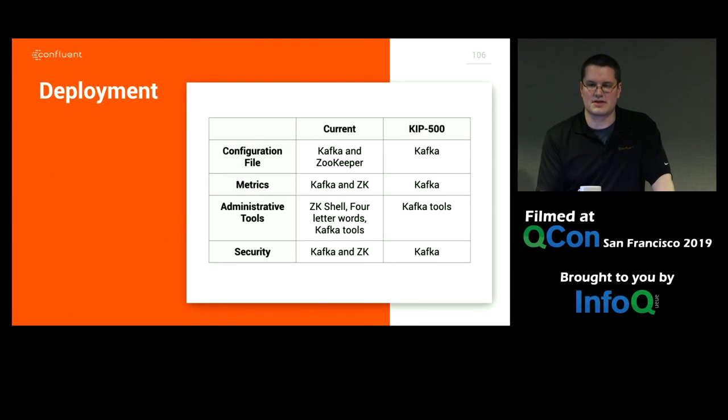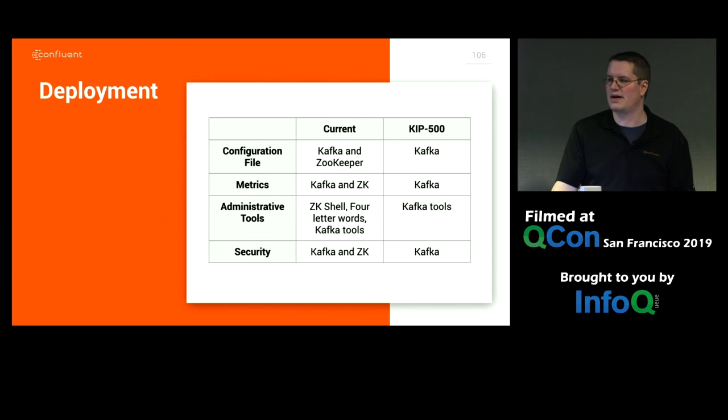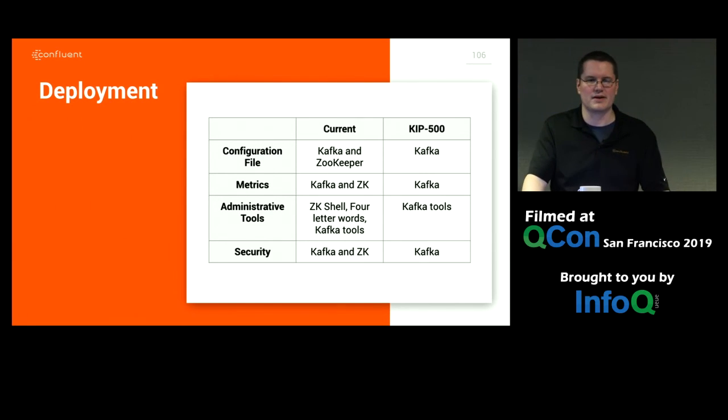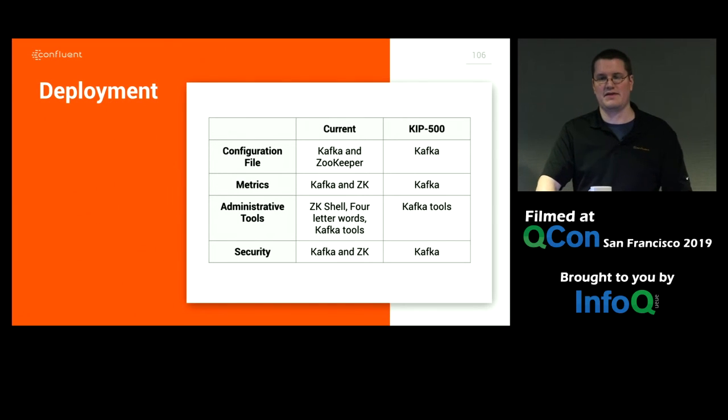So let's switch gears a little bit and talk about deployment. I think deployment is one of the things that people are most excited about when they think about getting rid of Zookeeper. And I do understand why. Again, not to really knock Zookeeper, but it is a separate system. It's another configuration file with a different format, different stuff in it. It's another set of metrics, and another set of admin tools that you have to learn.